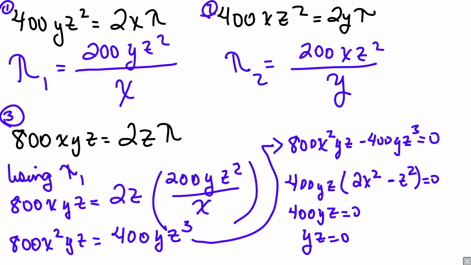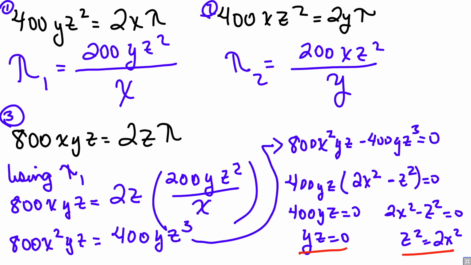Then the other piece, we're going to have that 2x squared minus z squared is equal to 0, or we can have that z squared equals 2x squared.